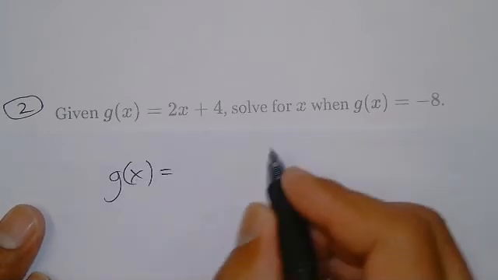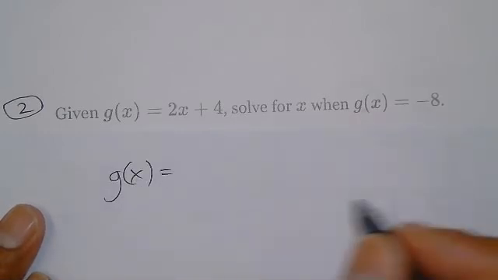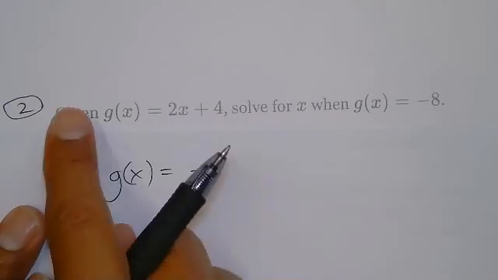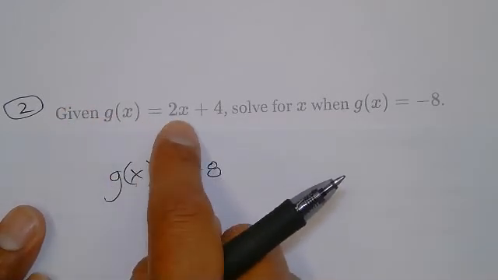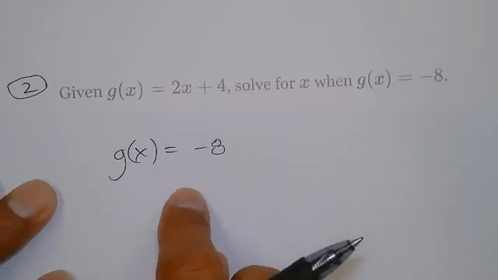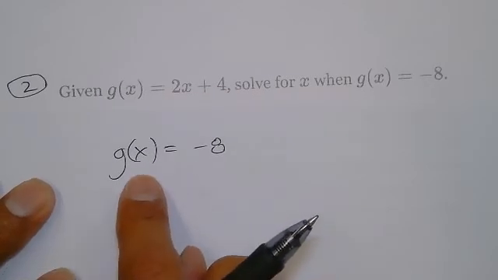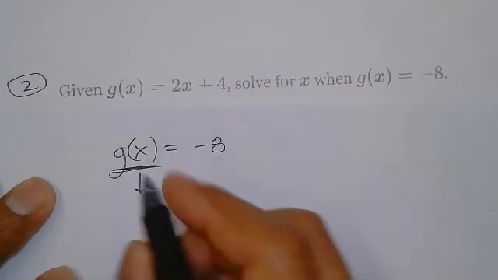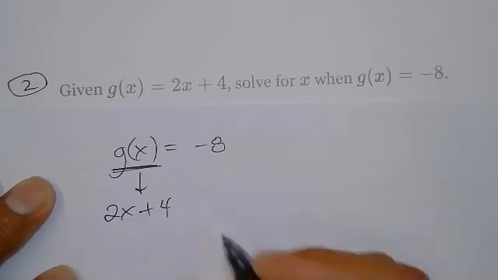What does it mean if it says solve for x when g of x is equal to negative 8? Does that mean I put a negative 8 right here and I put a negative 8 right here? No, it's not an input. So what do we do here, guys? Right here for g of x, what do you put in place of g of x?